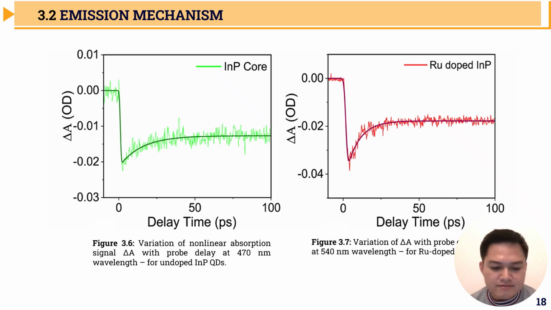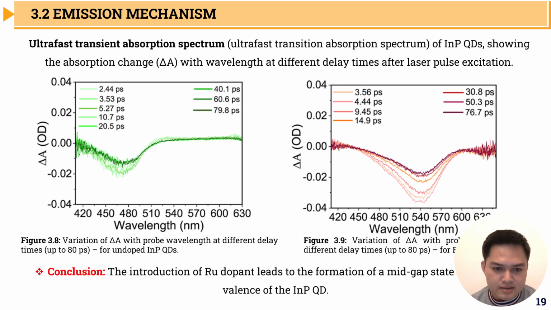Ruthenium-doped indium phosphate shows faster decay, meaning a shorter lifetime. This proves that doping opens a more efficient radiative pathway, which improves the PLQY. This slide also covers the absorption and doping in the indium phosphate using the Tauc equation. The ruthenium-doped sample shows a much stronger and clearer signal.